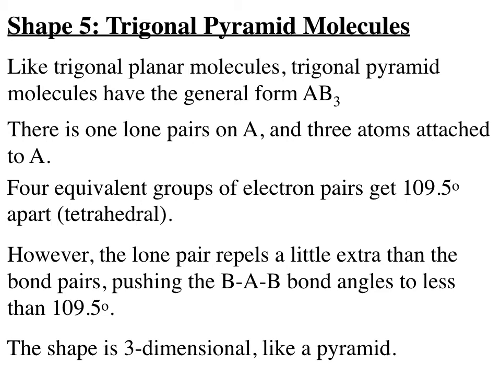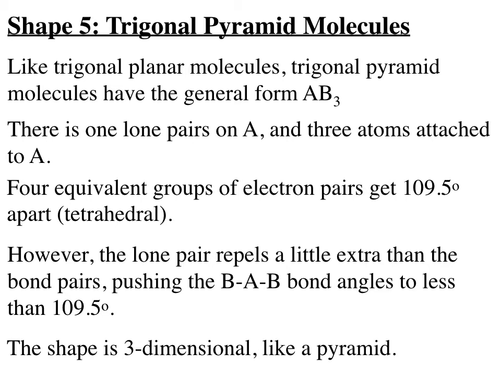So that means if you are a trigonal pyramid molecule, you have 1 lone pair and 3 single bonds. It's the only way that this is possible based on these arrangements. Okay, so again, these are things that we need to be thinking about as we go forward.